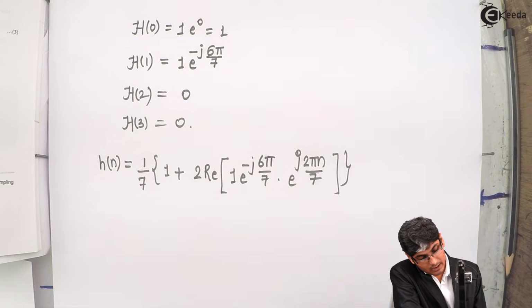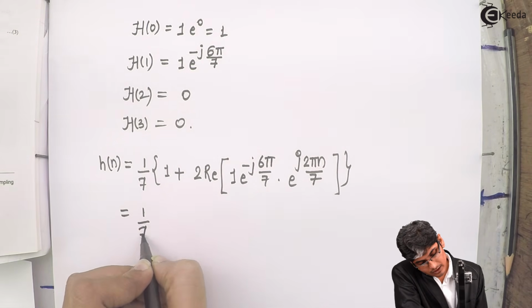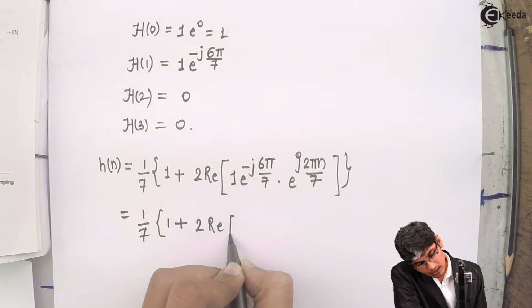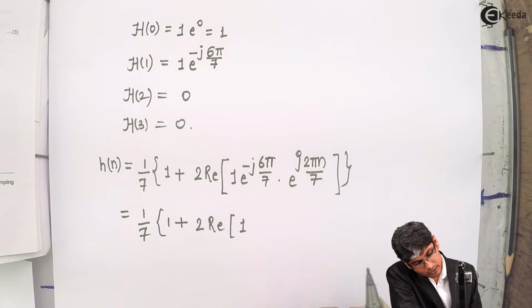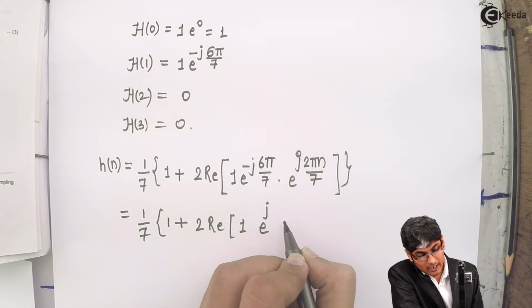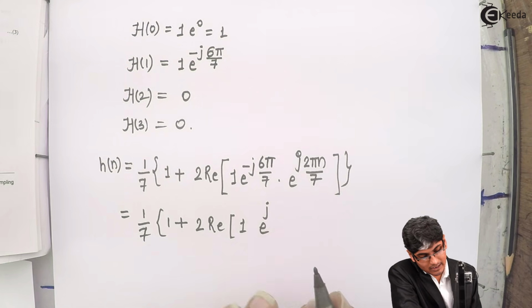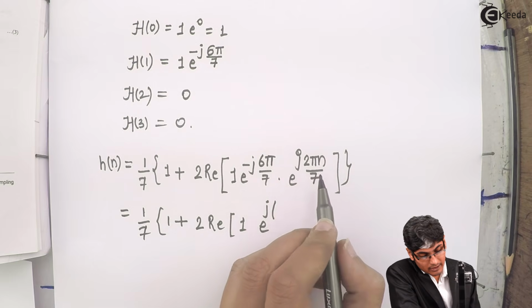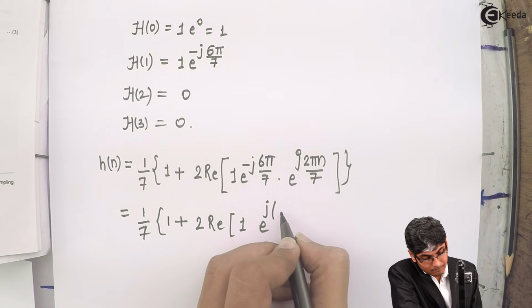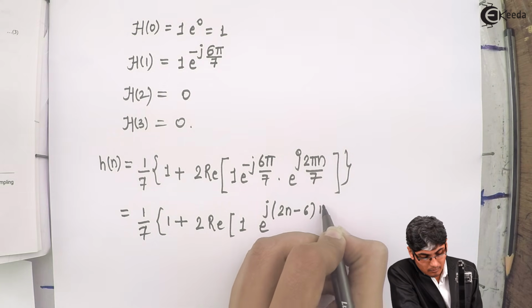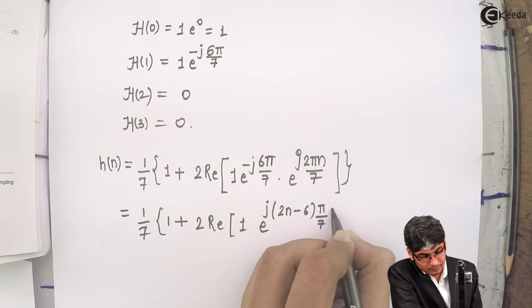Now let us take the calculation further. So it will be 1 plus 2 times real value of, if I multiply this, I am going to get magnitude as 1, and e raised to j will be common from both the sides. Then I can pull out 1 by 7 also common, but let us keep it inside. Then you can pull out pi also common, and here you will get (2n minus 6) pi by 7.